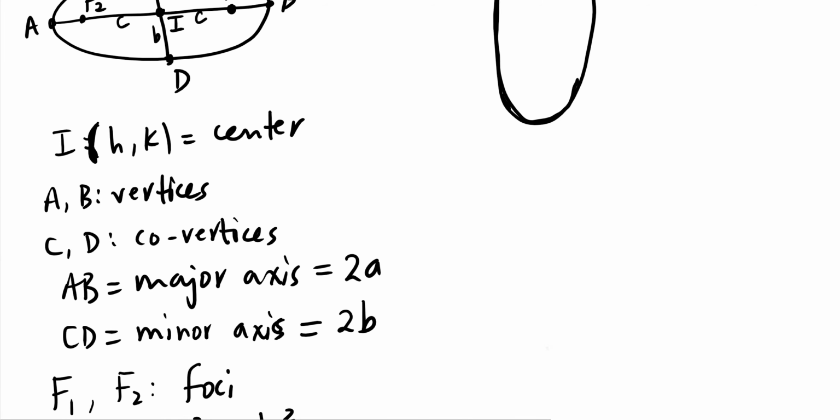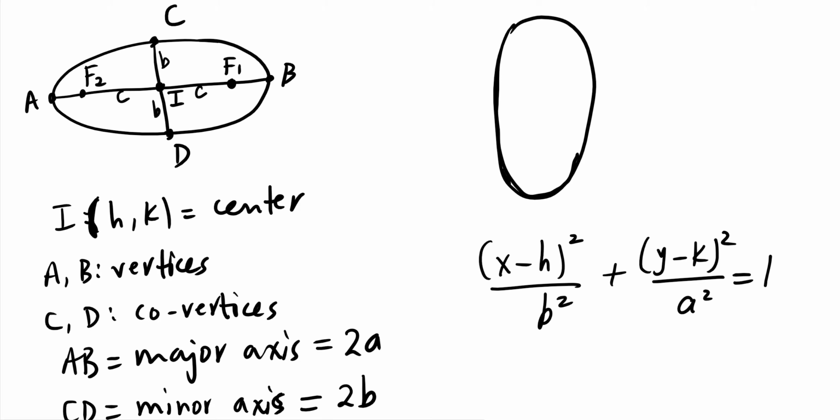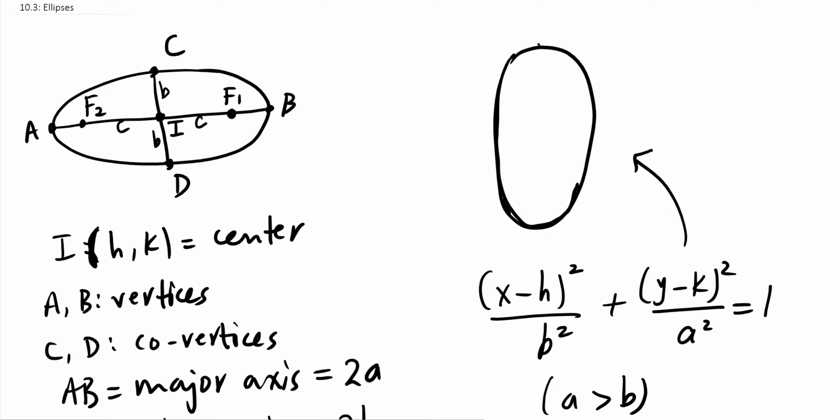If it goes like this, (x minus h) squared over b squared, (y minus k) squared over a squared, then notice that the bigger number, a, again a is bigger than b, is below the y, so that's why it would be this one. Then it follows the same way as the other one. We draw the two axes, I in the middle, the center.